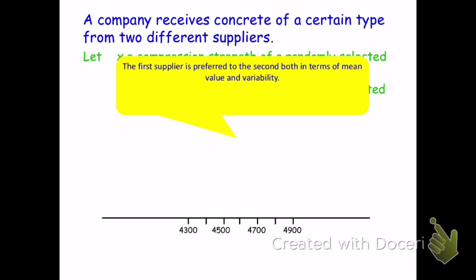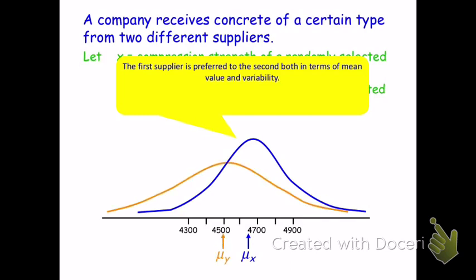So if I were to graph the distribution for the first supplier, it would look something like this. If I were to graph it for the second supplier, it would look something like this. So the mean is smaller, but the standard deviation for y is bigger. This is just review of what the normal curve looks like. Remember that if the mean is higher, it's shifted to the right.